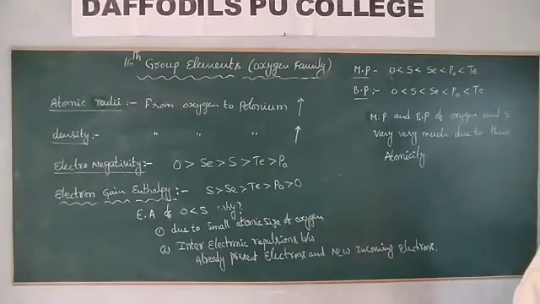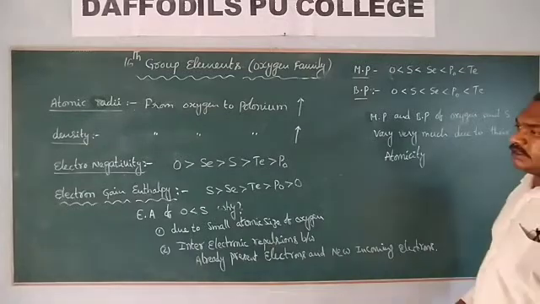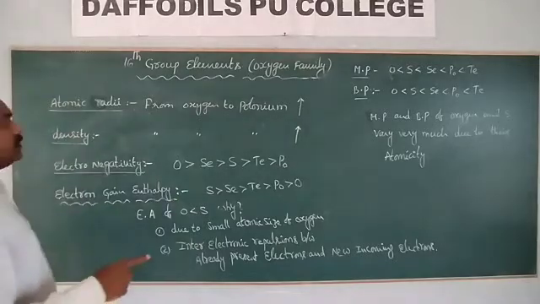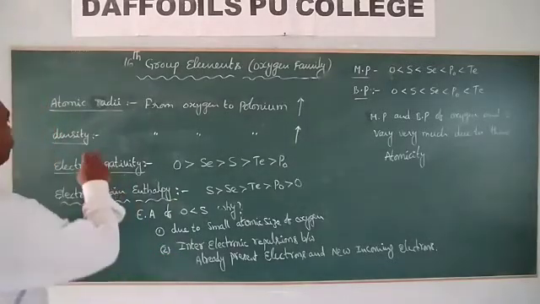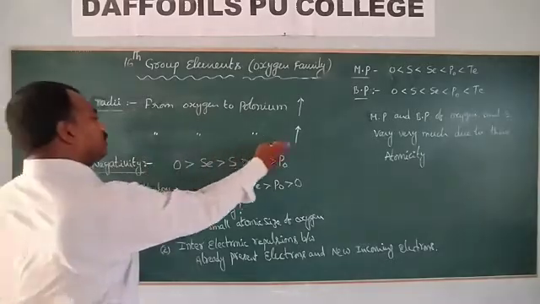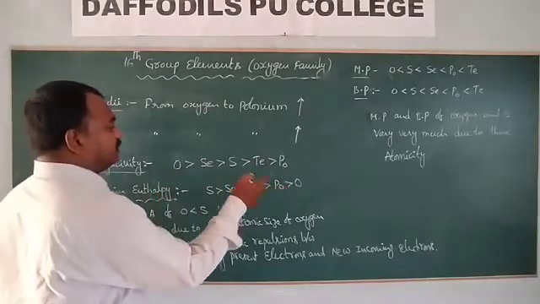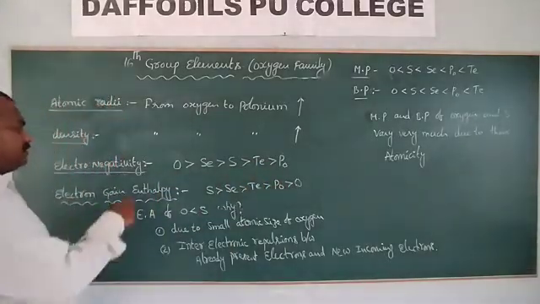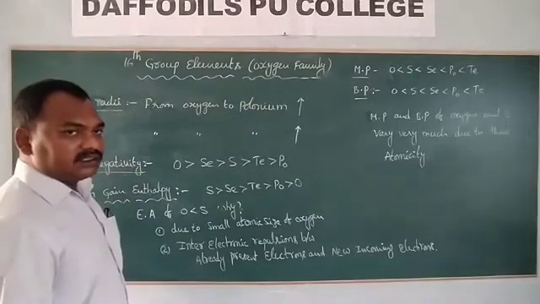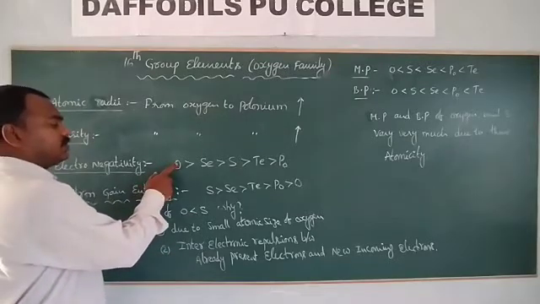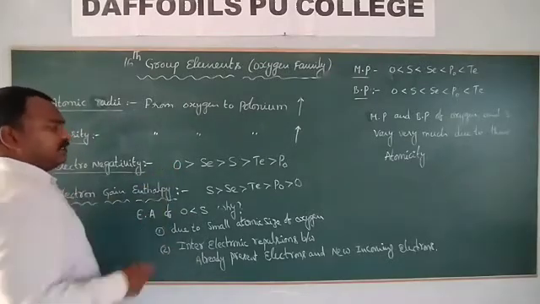So these are some of the physical properties of these 16th group elements. Atomic size increases from oxygen to polonium. Density also increases from oxygen to polonium. As the size of the atom increases, electronegativity decreases. So the highest electronegative element is oxygen.